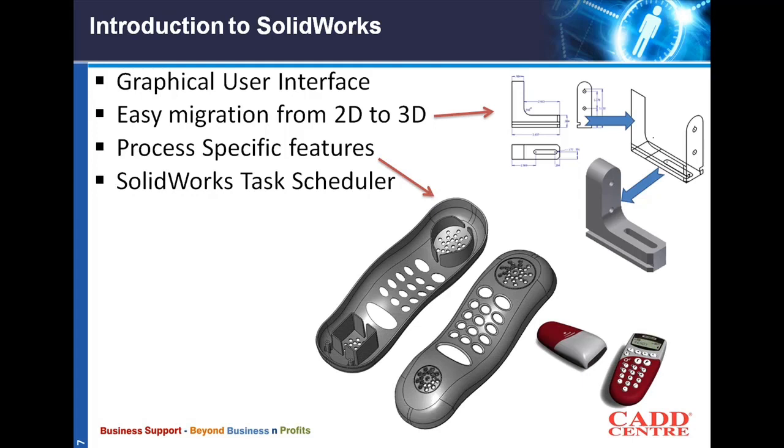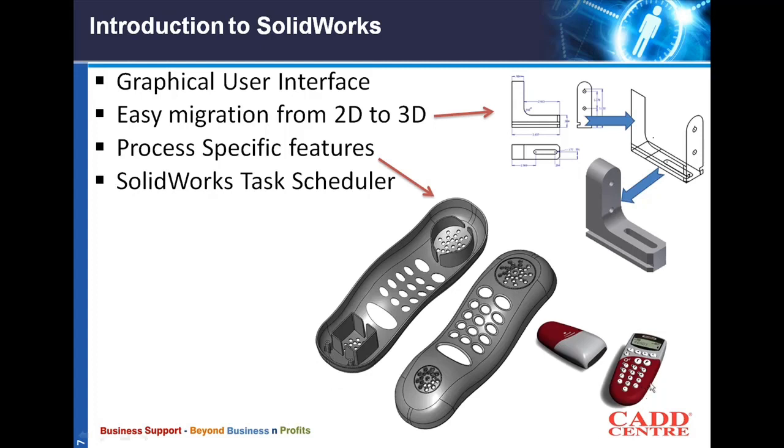And the next, process specific features. There are 2 components, one is a phone and one more is a calculator. If you look into these products, there are some specific features which you will use frequently. For example, there is a hole we call a vent hole, and there is a mounting used for assembling two components.